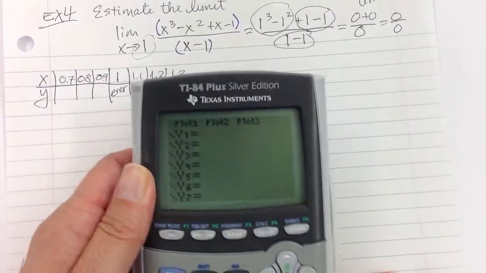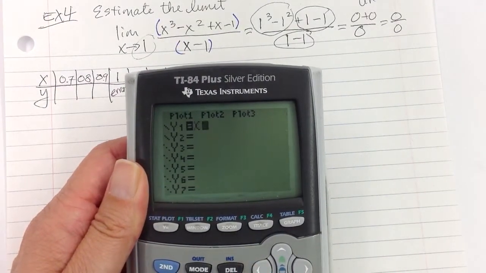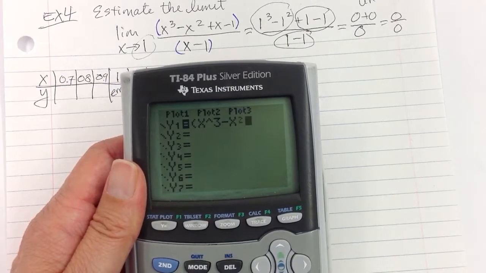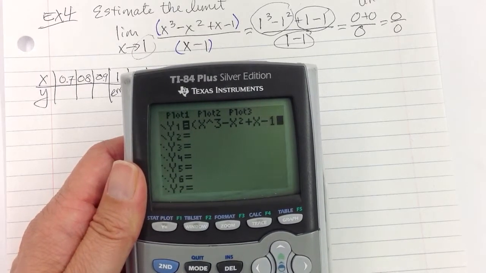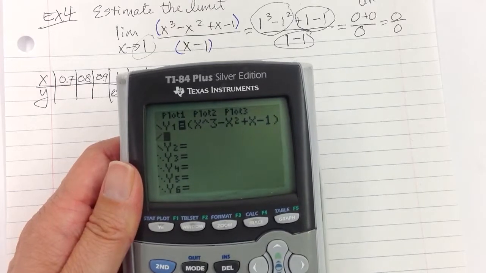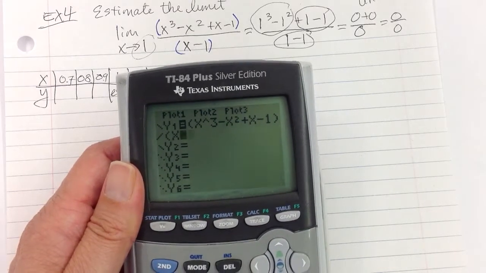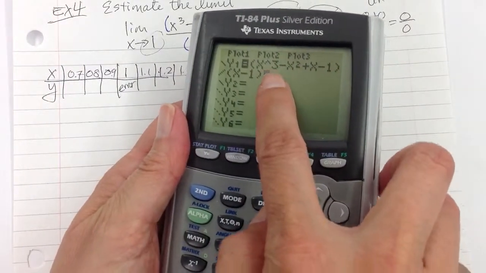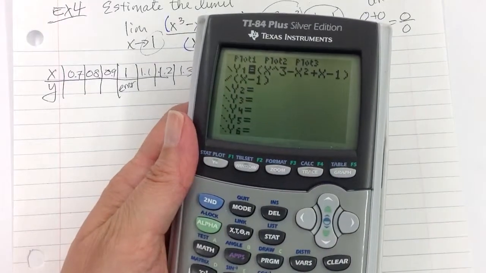I'm going to put parentheses, x to the third power minus x to the second power plus x minus 1, parentheses, divided by parentheses, x minus 1, parentheses. So your numerator needs to be in parentheses, divided by your whole denominator in parentheses.